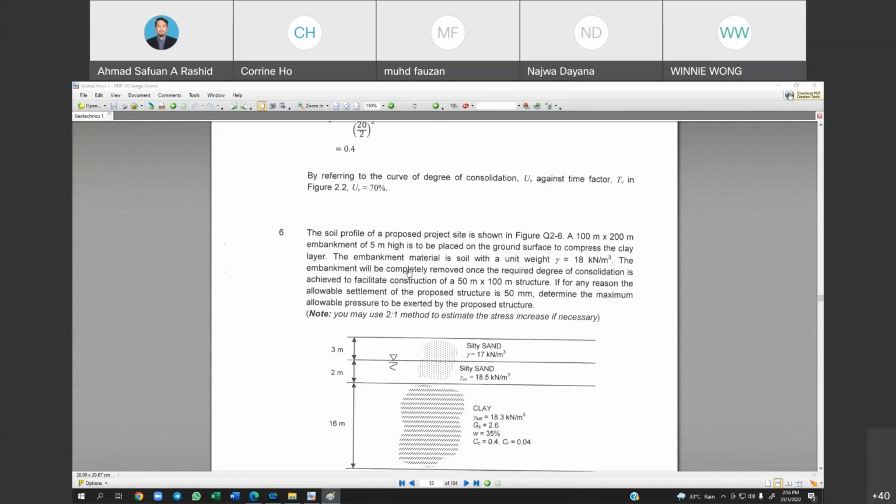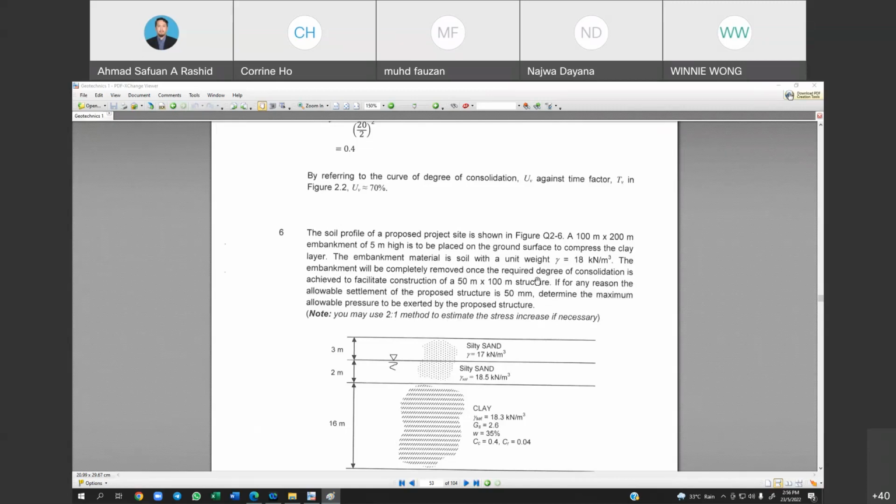So the embankment material is soil with a unit weight 18 kilonewton per meter cube. Then the embankment will be completely removed once the required degree of consolidation is achieved to facilitate construction of a 50 times 100 meter square.